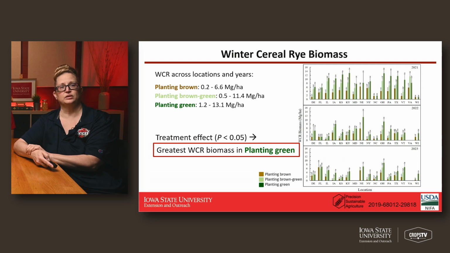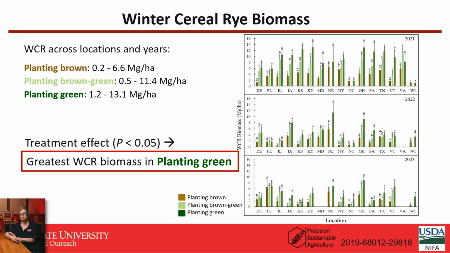Looking at the biomass, not surprisingly, across the locations and the 3 years, the greatest amount of biomass that was produced was in the planting green treatment. You can see there for the other 3 treatments, there was quite a range across locations and years of how much biomass was produced. But the take-home message is the greatest amount of biomass was in the planting green treatment.